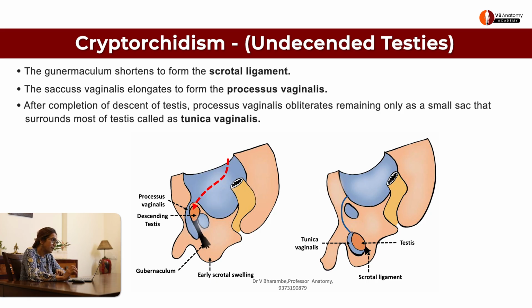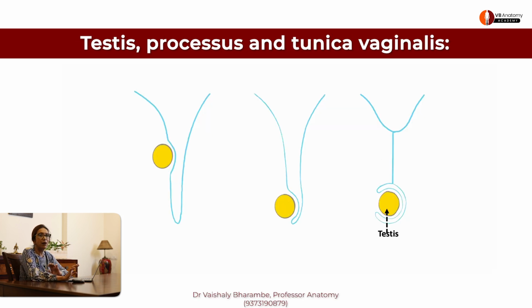Take a look at it again. The processus vaginalis will obliterate, leaving behind a little sac that surrounds the testes anteriorly, and this sac is called the tunica vaginalis. Okay, so now you have the testes here. This is just a revision.